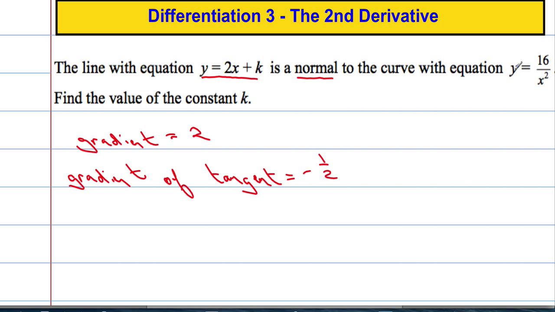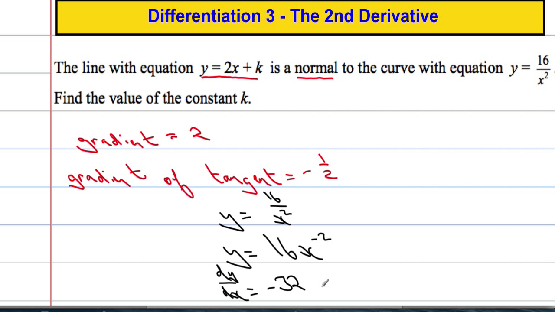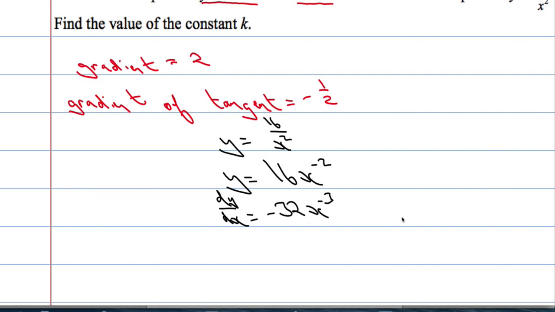Okay, so y equals 16 over x squared. Let's write that down now. Well, what is the gradient function for this? Let's get dy by dx. In order to get that, I'm going to rewrite this as 16 x to the minus 2. So dy by dx equals negative 32 x to the negative 3.